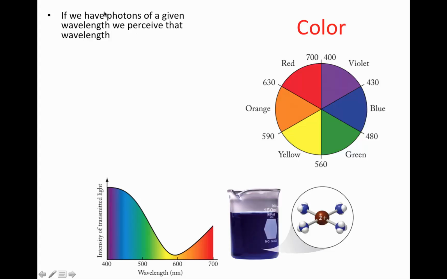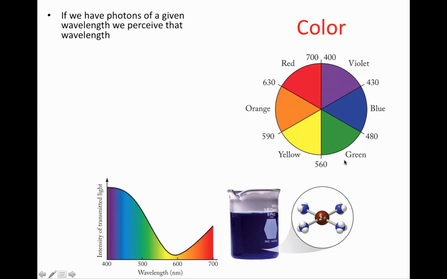An example I would use in class is if I have a red laser pointer, what's happening is we're creating photons with a wavelength between 630 and 700 nanometers, and you just see red. So red photons are on the blackboard or on the screen, and you see those red photons. If I have a green pointer, same thing. I've changed the wavelength of the light.